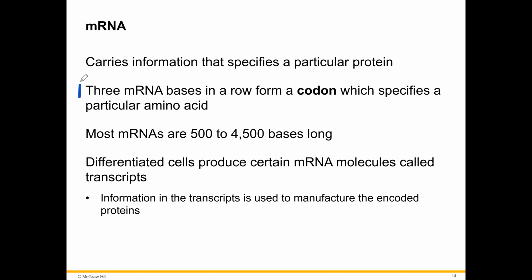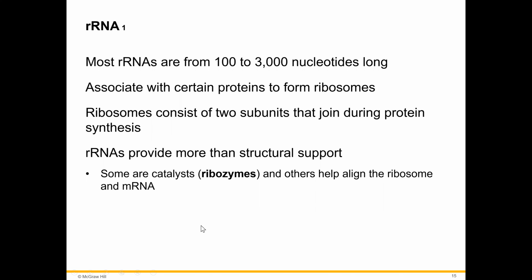So we're gonna look on the next slide what this codon means. Most mRNAs are 500 to 4,500 bases long. Differentiated cells produce certain mRNA molecules called transcripts. Information in these transcripts is used to manufacture and encode proteins.